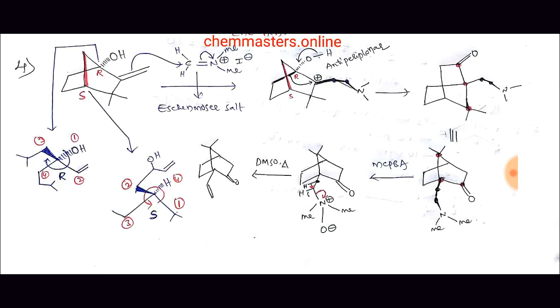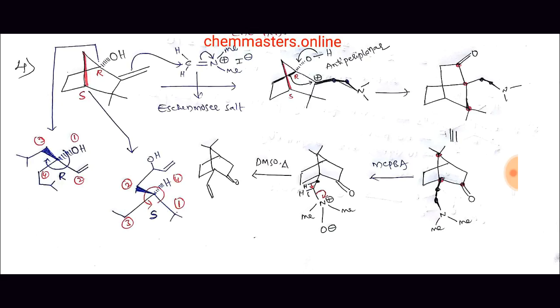So the fourth question: first we need to give R and S notations to the substrates. To give R notation, first we give numbering priorities as per RS nomenclature.